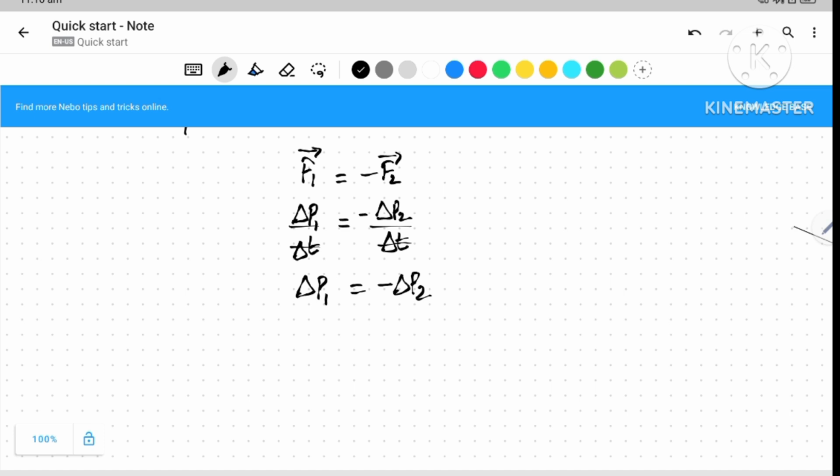So what is delta p1? It is the change in momentum of body 1. Change in momentum is nothing but the final momentum minus the initial momentum.